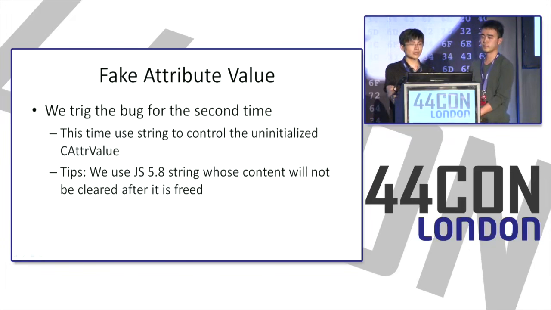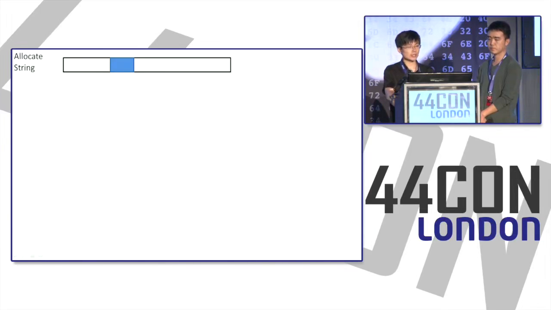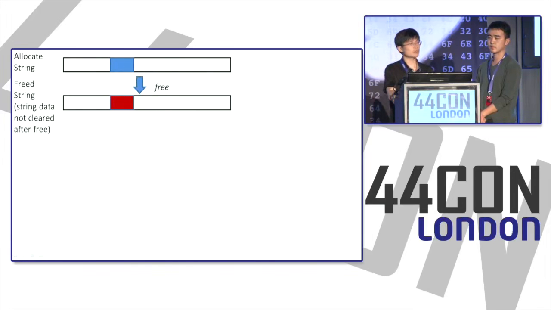To make a fake attribute value, we need to trigger our bug for the second time. This time, we use JavaScript strings to control the content of the uninitialized attribute value. First, we allocate some JavaScript strings, and we fill the strings with the content we want.